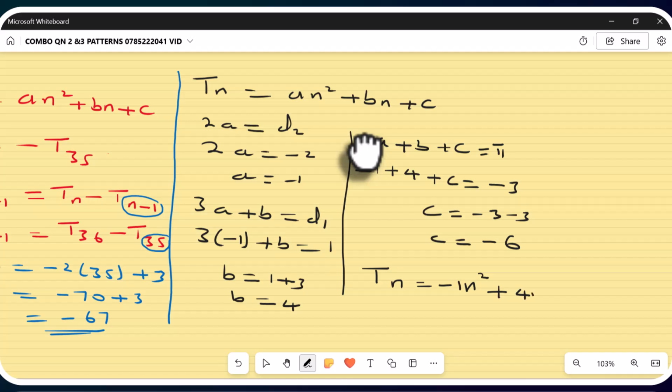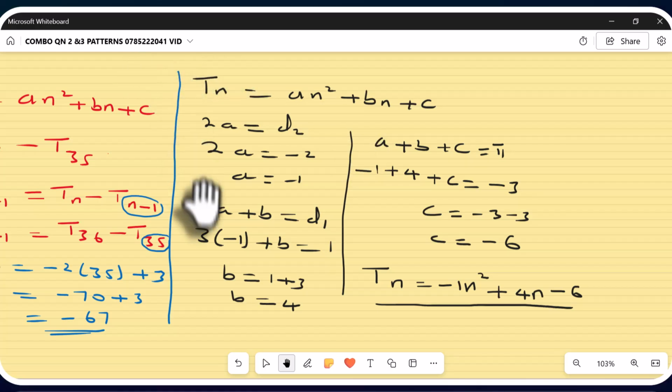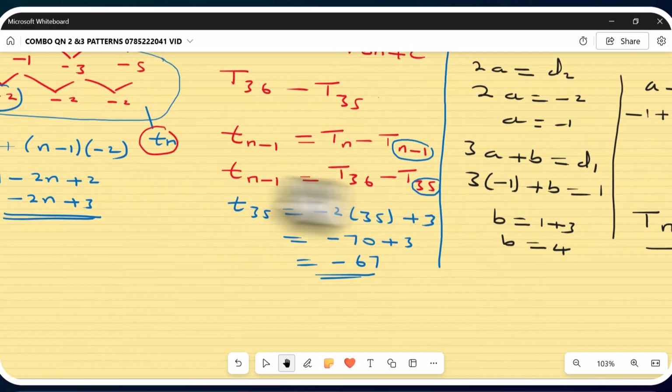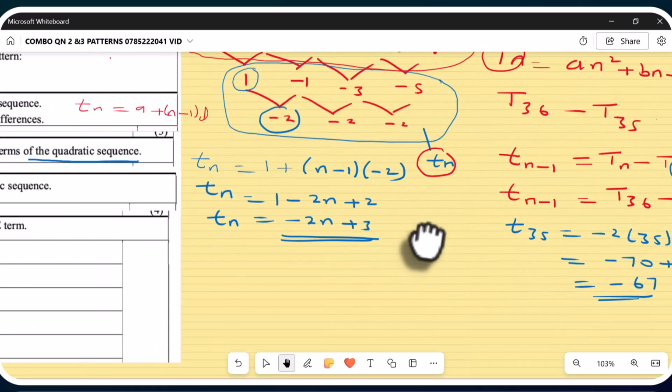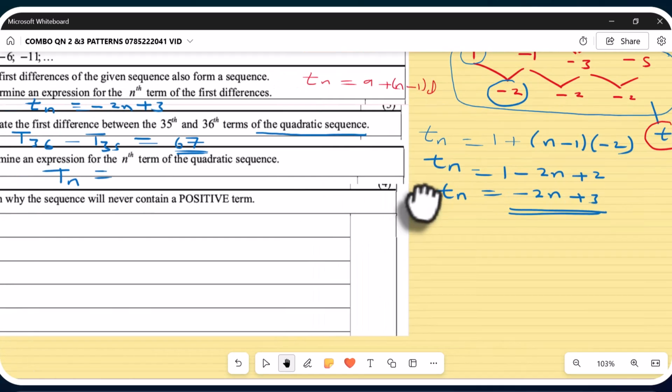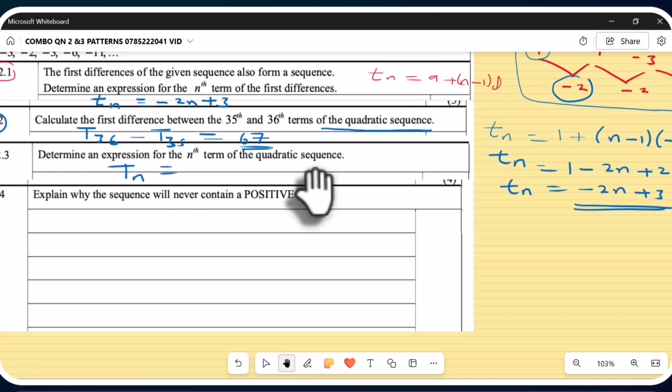Now, will never contain a positive term. From above, our Tn equals -1, open brackets, n² minus 4n, plus 6.